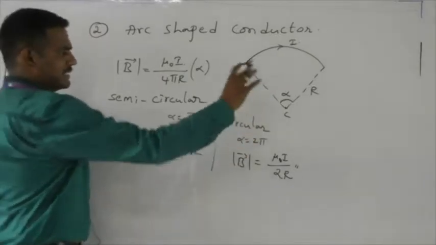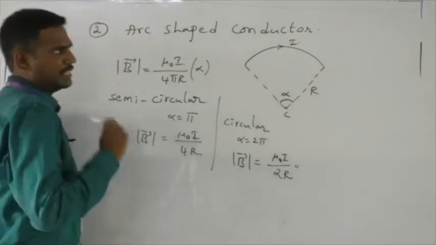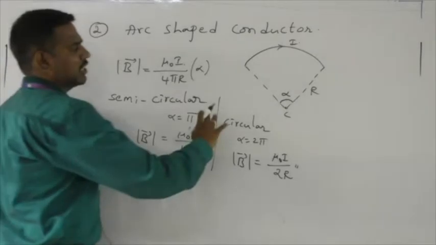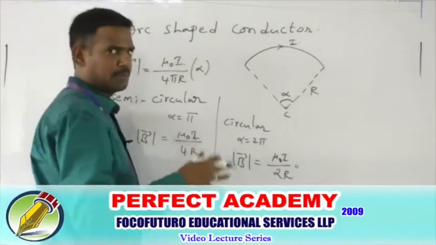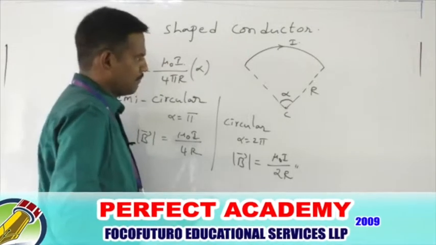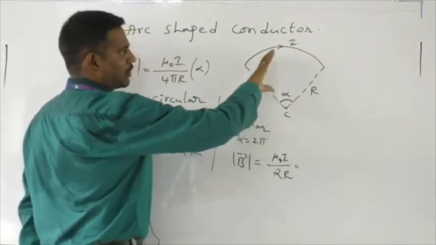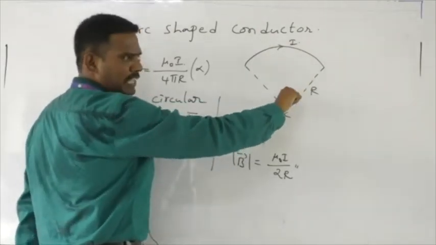Now, let us see what is the direction of magnetic field intensity at the center C. I already told you the right-hand thumb rule can be modified slightly for writing the direction of magnetic field intensity due to an arc-shaped or any kind of loop-shaped conductors. And here the current is going clockwise, therefore I have to curl my fingers along the clockwise direction, then the thumb is showing into the plane of the board.